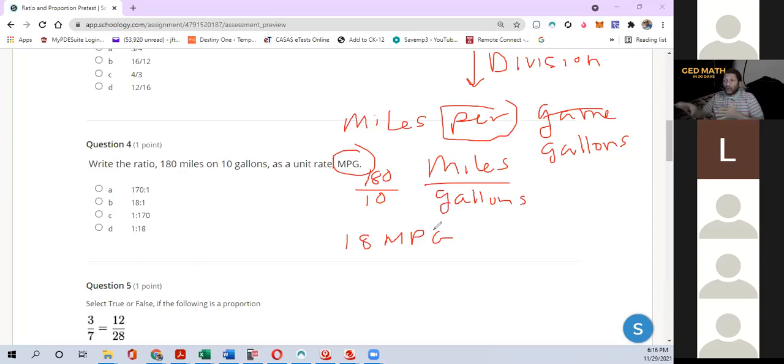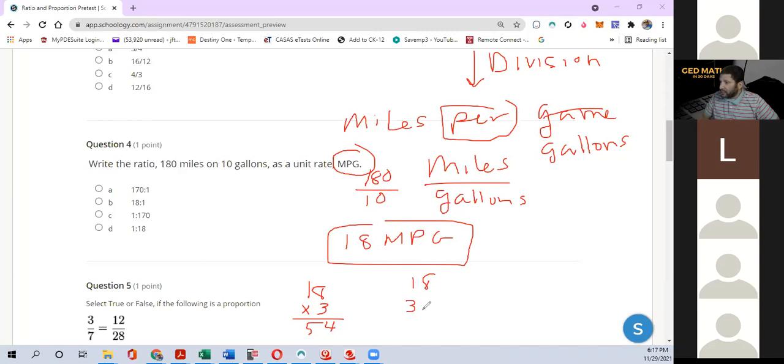And then you can find any multiple. So if you know you get 18 miles per gallon, if I asked how far would you go on 3 gallons, you would say 18 times 3. 30 and 24 is 54. If I said, how far are you going to go on 3.5 gallons of gas? It's still 18 times 3.5. 54 and 9 is 63.